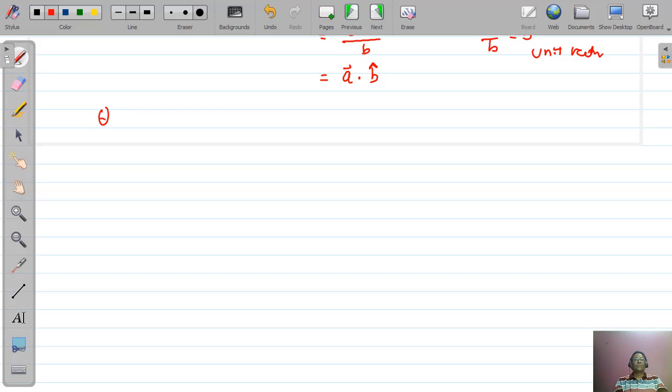Let's do a problem. We have to find the resultant of the sum of two vectors, which we have already found using the graphical method, that is square root of a square plus b square plus 2ab cos theta, using the dot product.